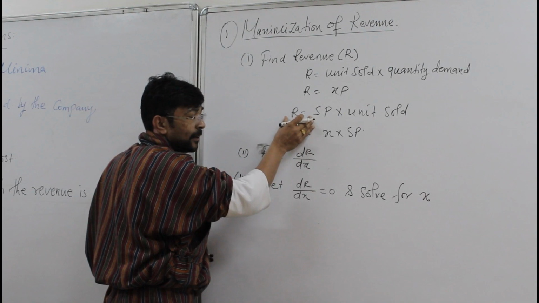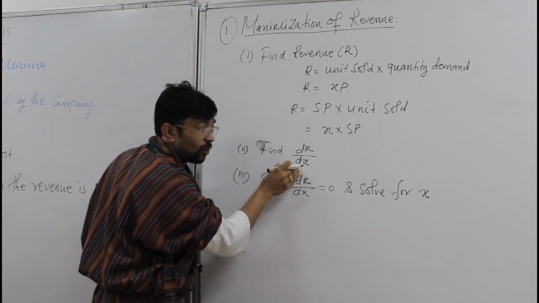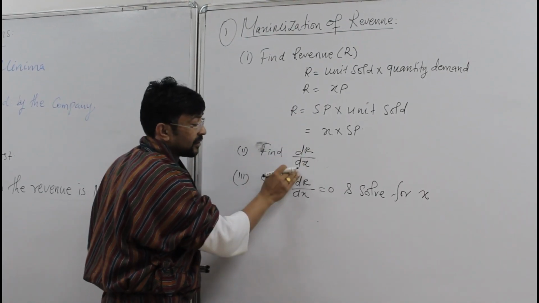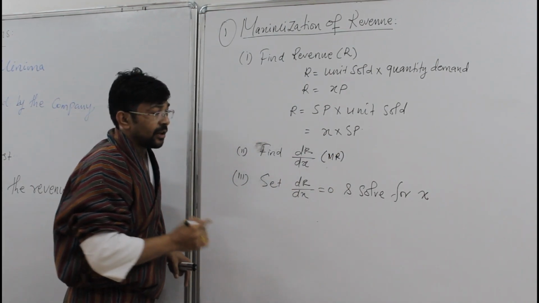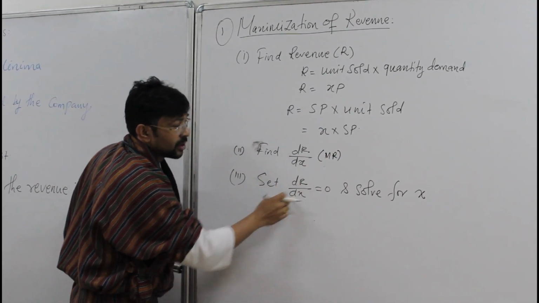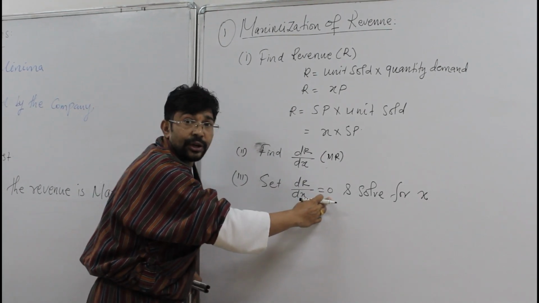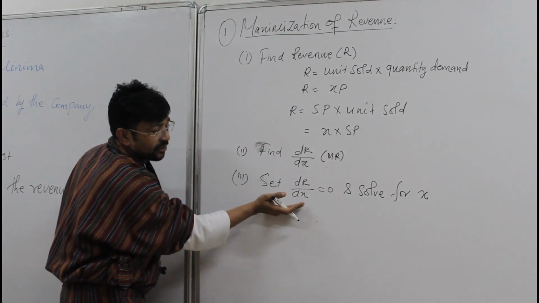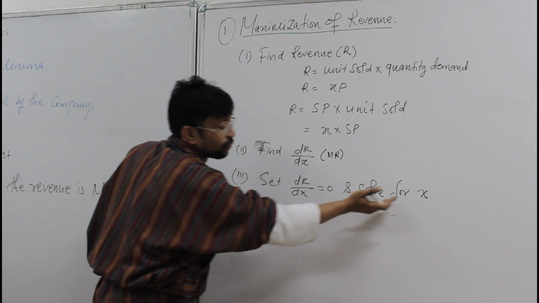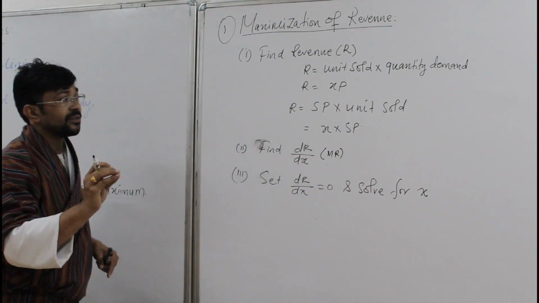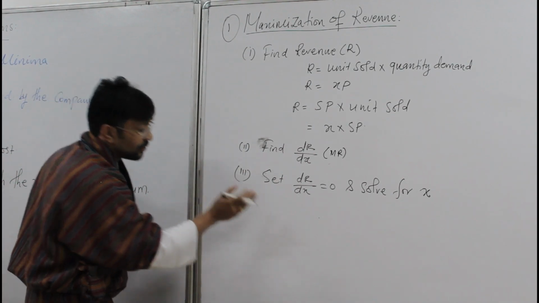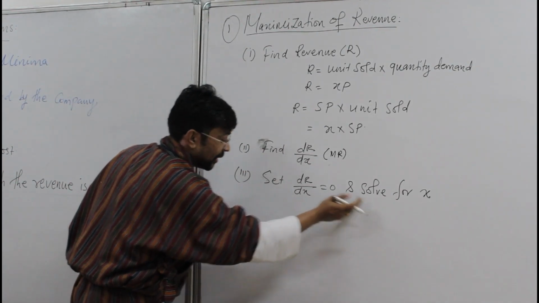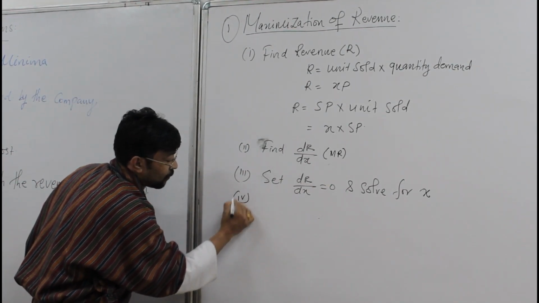You don't have to find the derivative. This is called MR, marginal revenue. So you have to equate marginal revenue to 0 and solve for x, which means the units demanded or units sold.